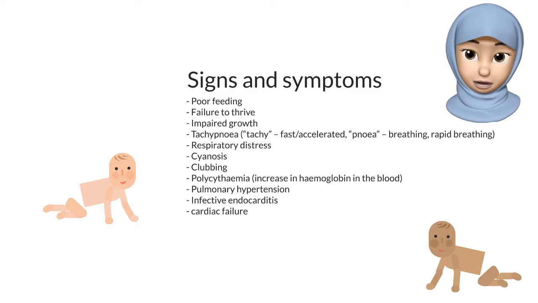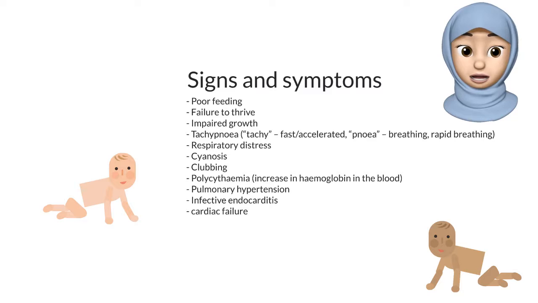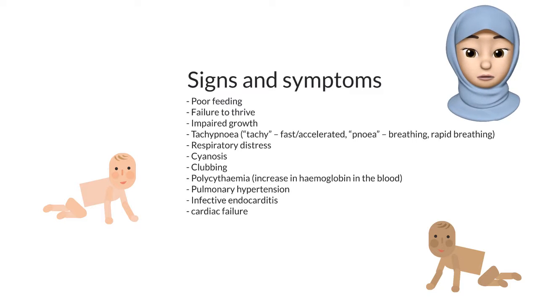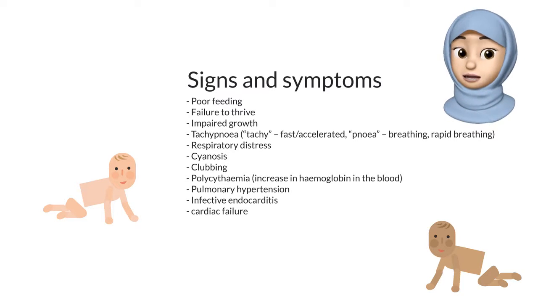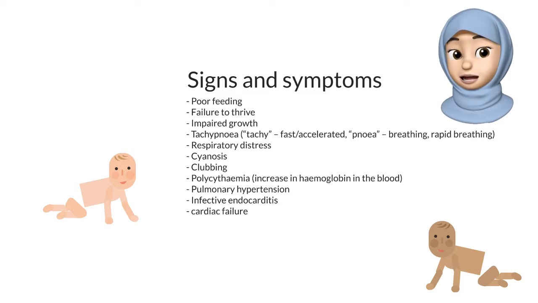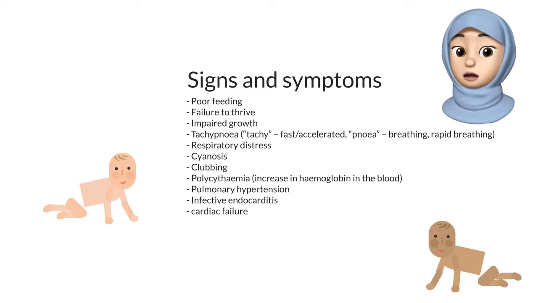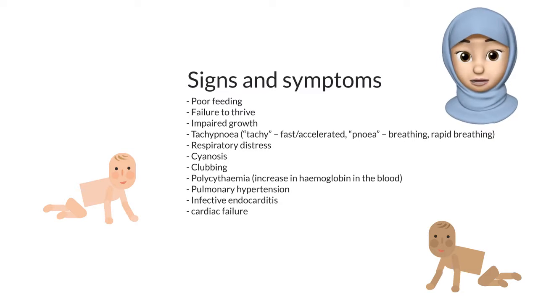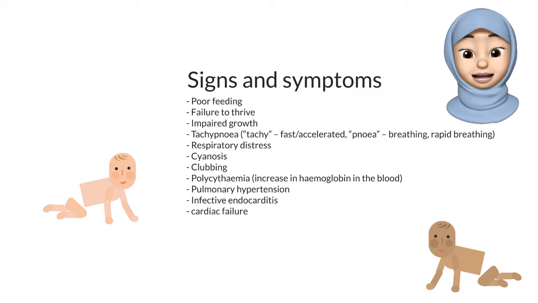Neonates with congenital heart diseases usually present with poor feeding, failure to thrive, impaired growth, tachypnea, tachy meaning fast, and pnea referring to breathing, so therefore rapid breathing, respiratory distress, cyanosis, clubbing, polycythemia, which is increased hemoglobin in the blood, pulmonary hypertension, infective endocarditis, and cardiac failure.